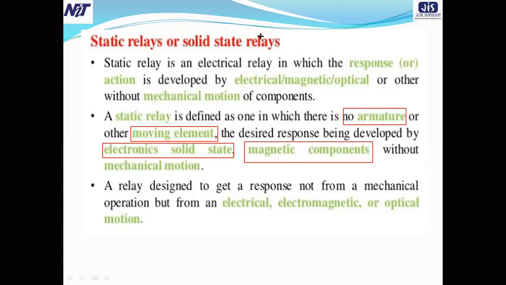Now, in the third part, let me talk about the relay designed to get a response not from a mechanical operation but from an electrical, electromagnetic or optical motion. The same idea is repeated in different ways because the most important parts of this type of relay are the electrical, mechanical and optical motion.